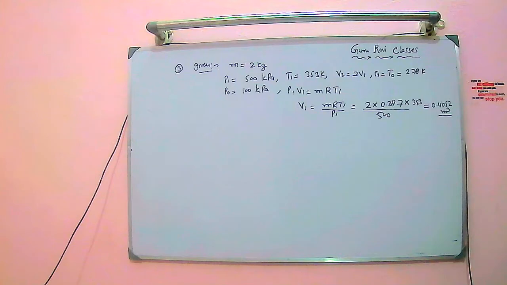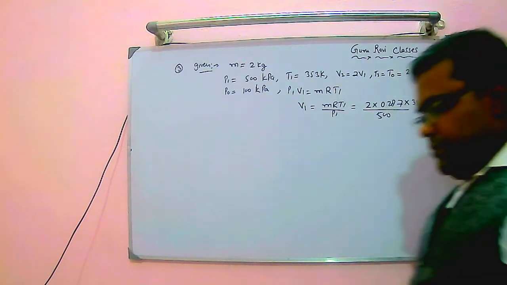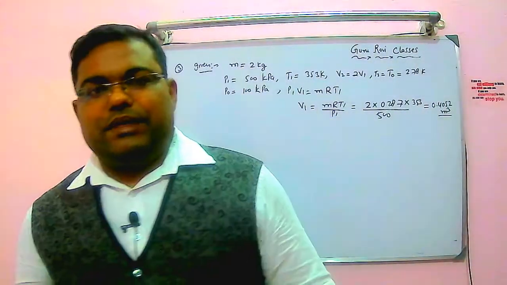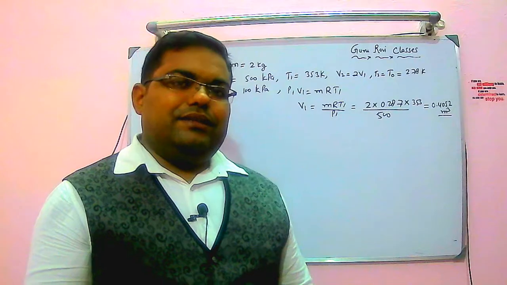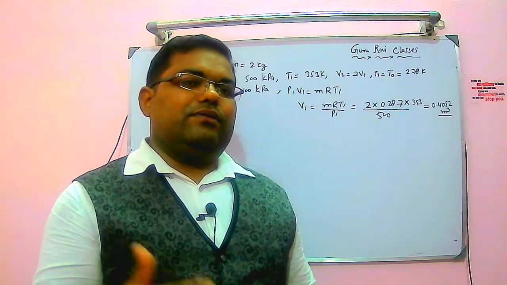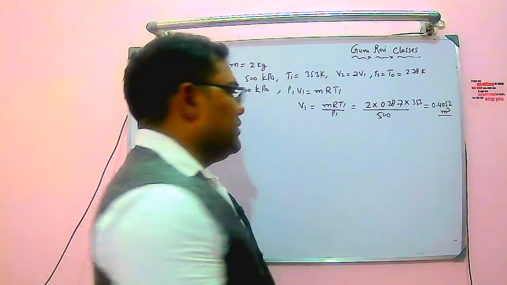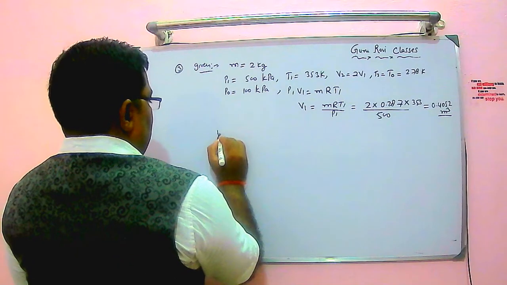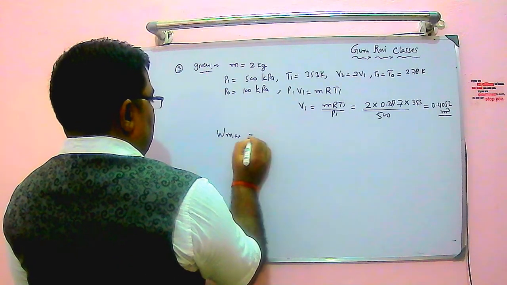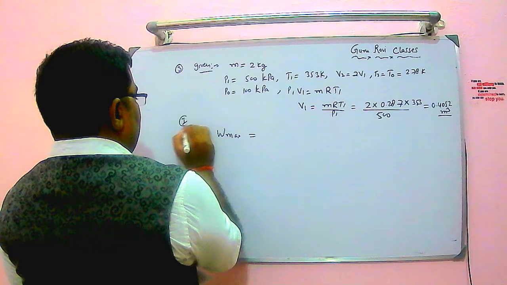Now the first thing he is asking in this, find out the maximum work. So for a closed system, maximum work will be generating inside, that means boundary displacement work will not be added into that. So maximum work, this is the first part of it.